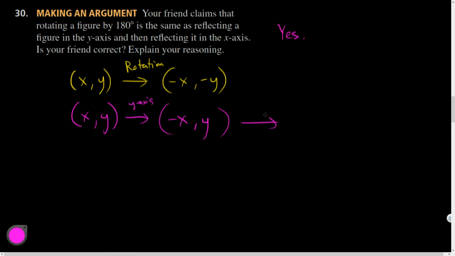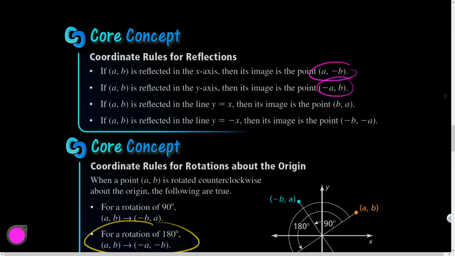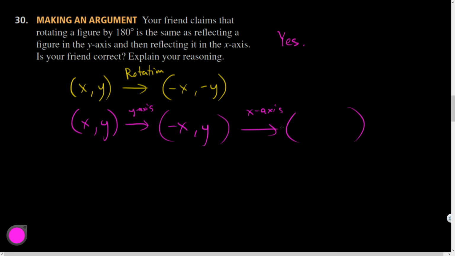And then again by the x-axis, and that's going to oppositify the y coordinate, right? Yeah, right there. And looks like I would end up at exactly the same spot. So my friend, quotes around friend, they're right this time.